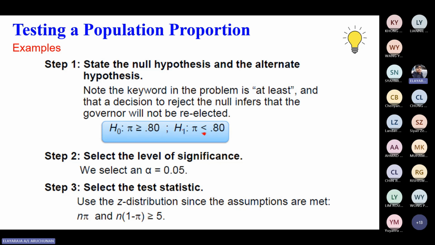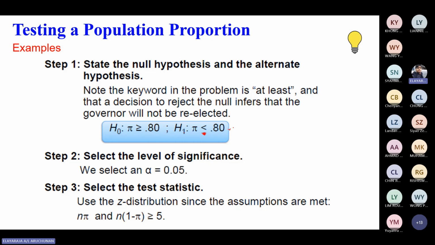So the alternative hypothesis is that the population proportion pi is less than 0.8; if it is true, then he will not be elected. The null hypothesis is that the population proportion is greater than or equal to 0.8.